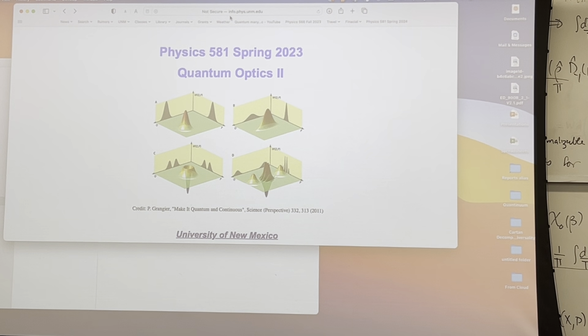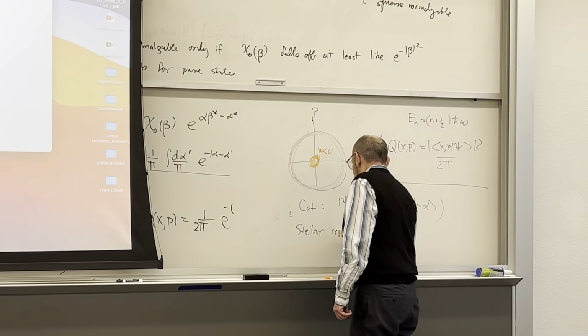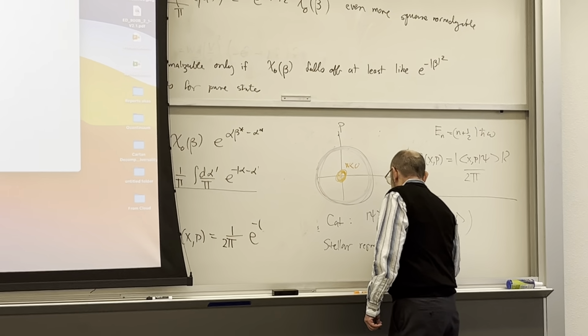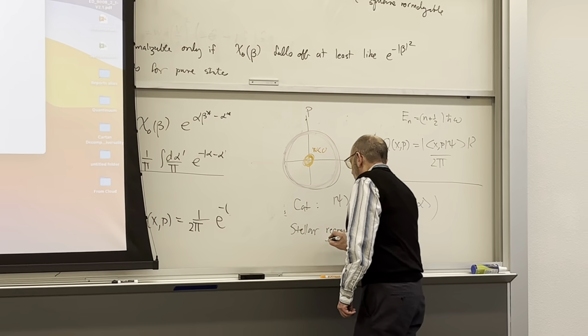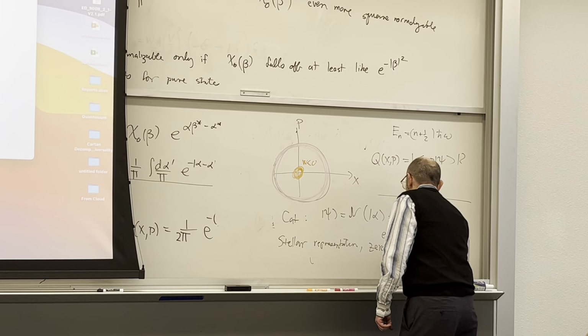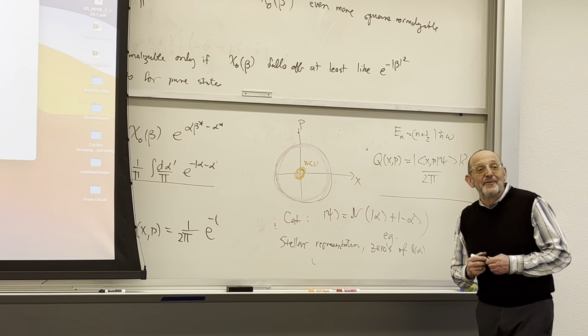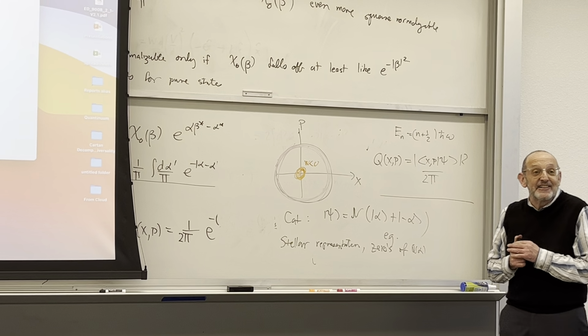It's what's known as the stellar representation, for reasons I don't remember. Which are the zeros of the Husimi representation. That completely determines the state, actually.